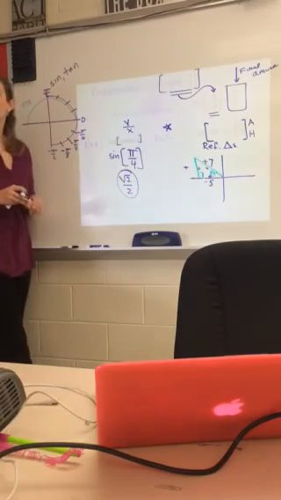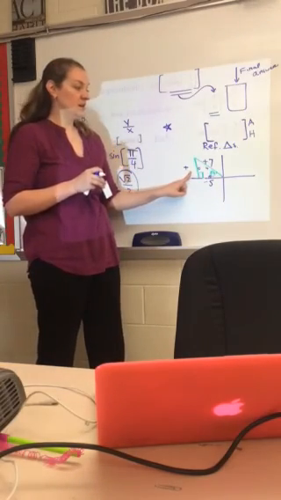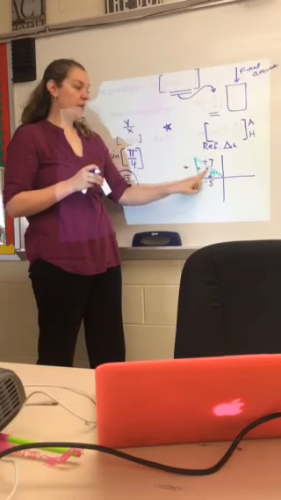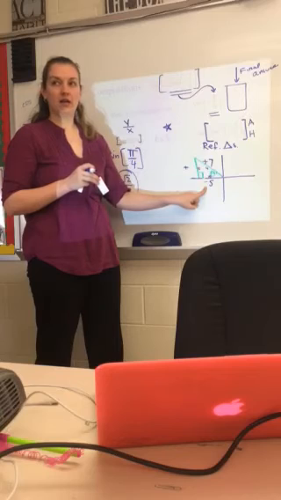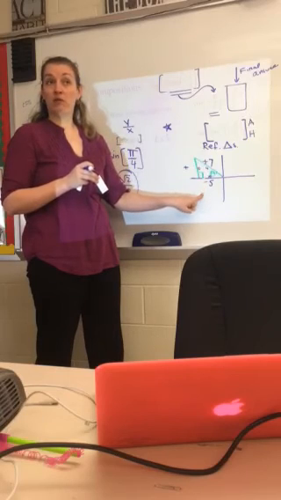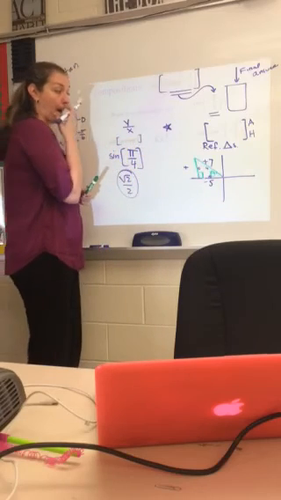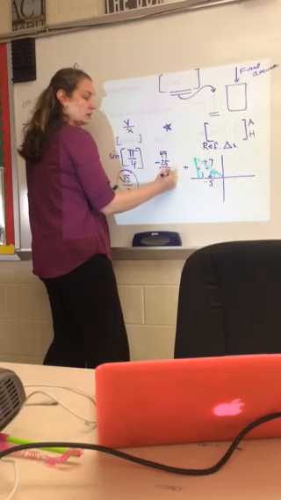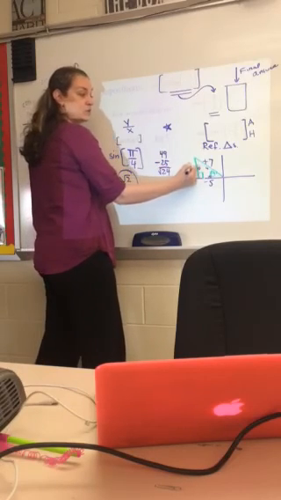Can you use Pythagorean theorem and a little bit of mental math to tell me what the opposite side is? 49 minus 25. 24, right? This is the square root of 24. What does the square root of 24 reduce to? The square root of 24 reduces to 2 root 6.